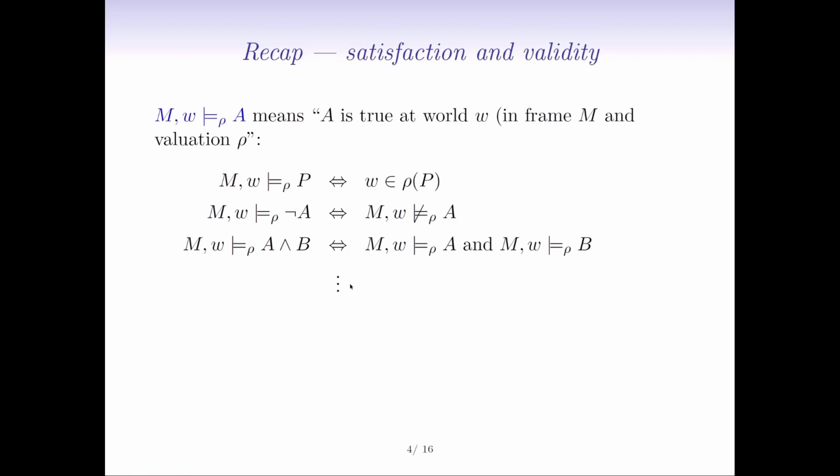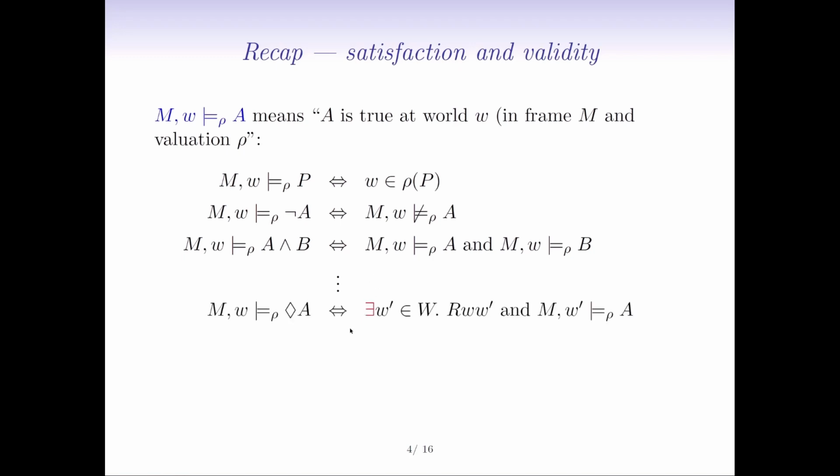Then we have all the usual clauses for the propositional connectives. So W makes not A true if and only if it does not make A true. And let's do another one, implication. It would make an implication A implies B true if and only if, when it makes A true, it makes B true. So that's all just standard.